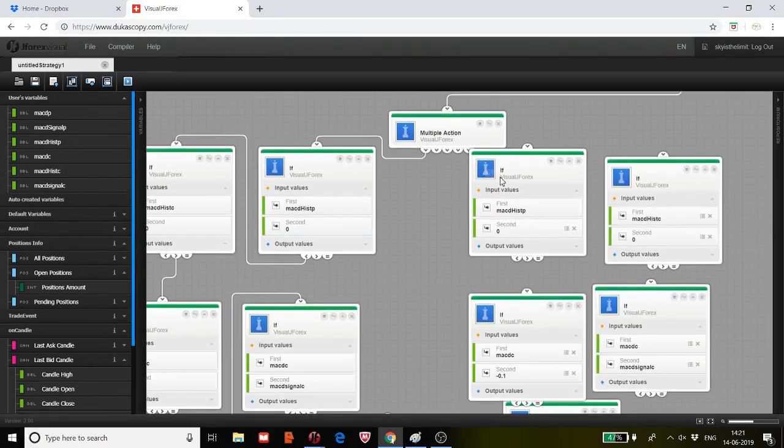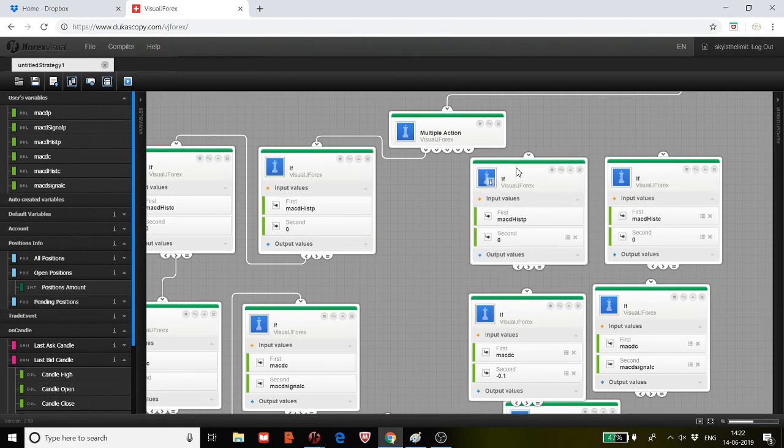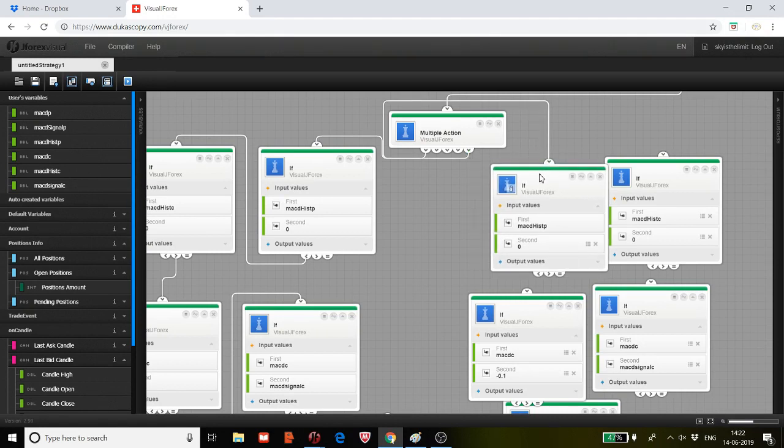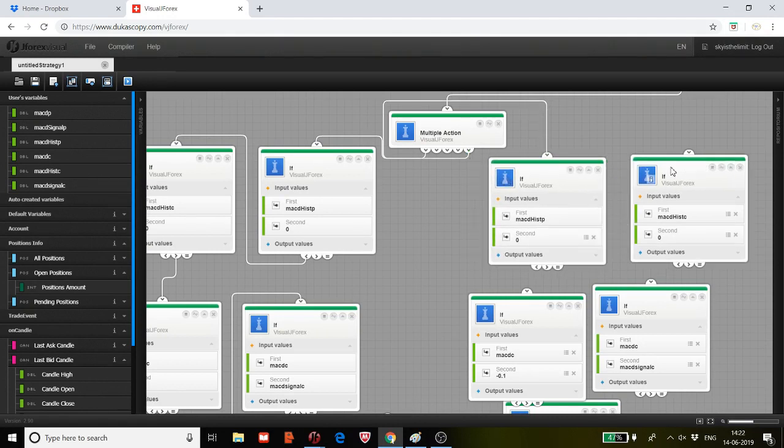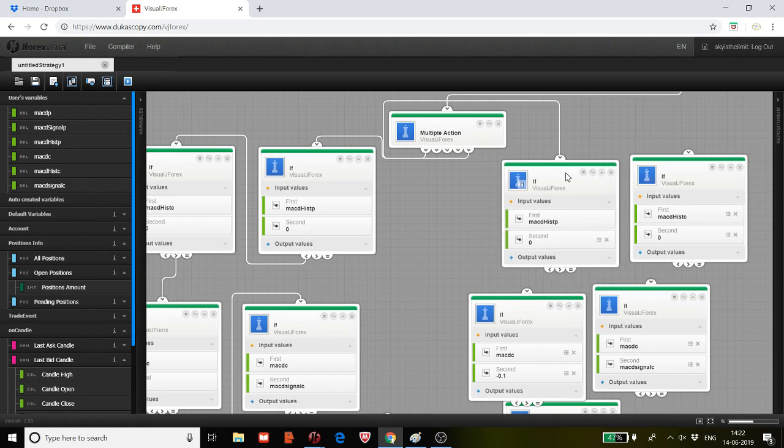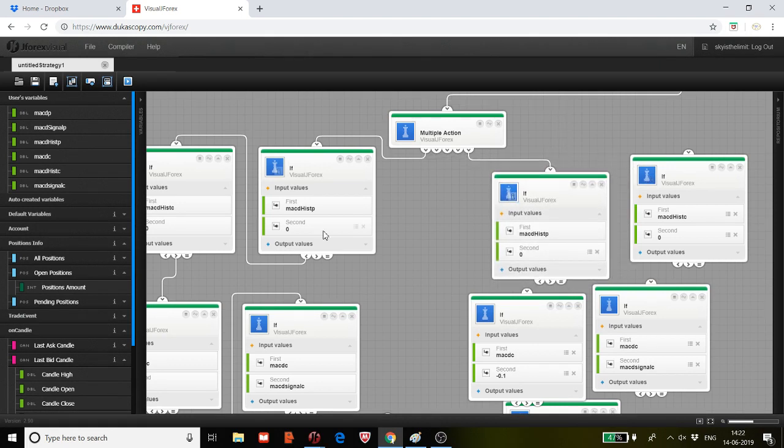Now exactly opposite logic. On the buy side we have given MACD histogram previous should be below 0. Now for the sell side it should be above 0. It should be in the positive and then it will move to the negative.